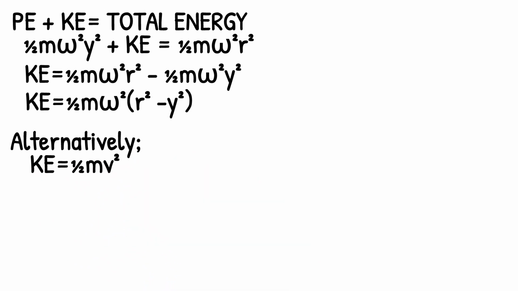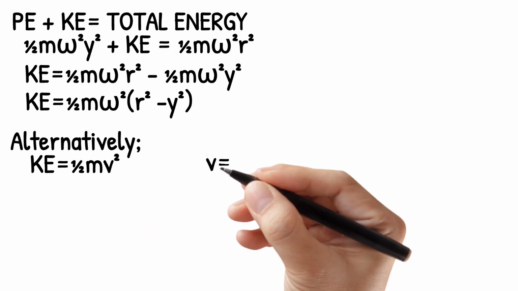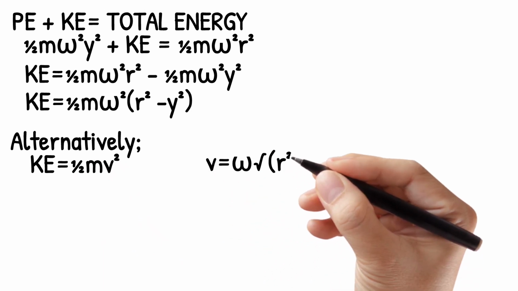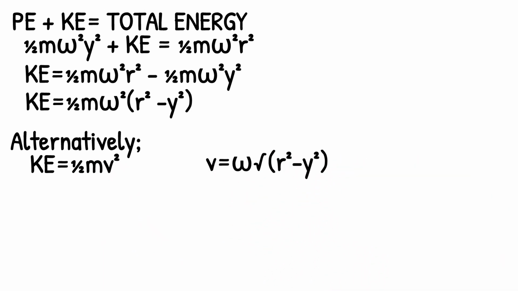You all know the formula for kinetic energy, that is half mv squared. And what is v at any time? We know that is omega square root of r square minus y square, right? Okay, so we need v squared for our formula for kinetic energy, half mv square. So what is actually that v square? You have to just take the square of your formula.